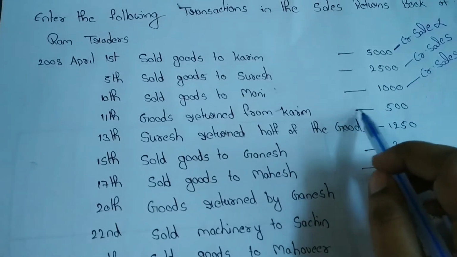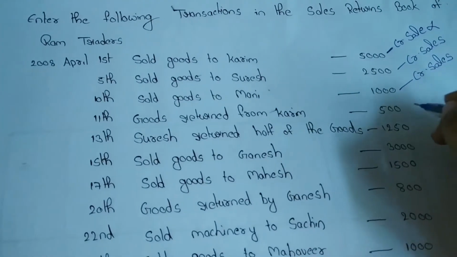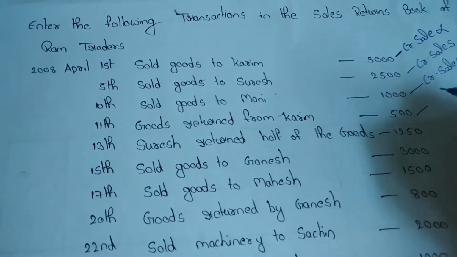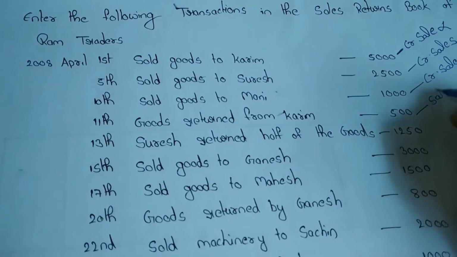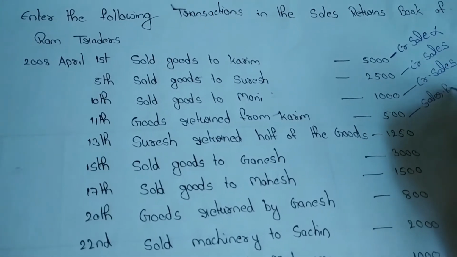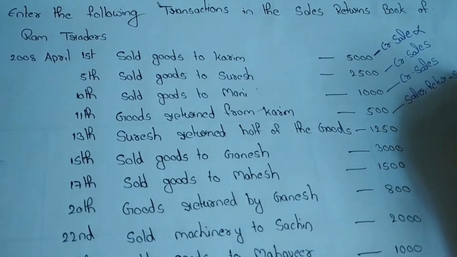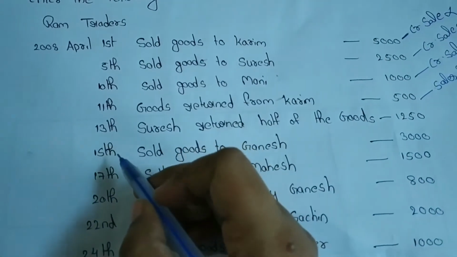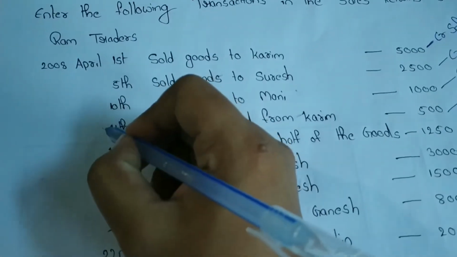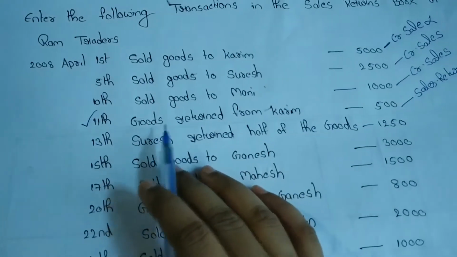So that is called sales returns. So it comes under the sales returns book. This was the first transaction that should be entered in the sales returns book.